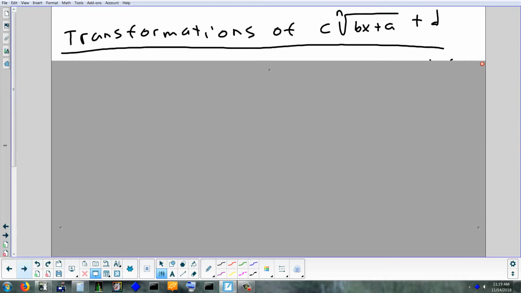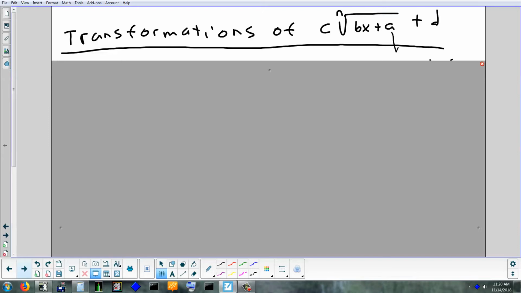It's exactly the same as everything we've done before. Whenever you're dealing with the stuff inside the function, that's your horizontal. In this case, inside means under the root. Outside stuff is vertical. Whenever you're adding, it's a shift. Whenever you're multiplying, it's a stretch.